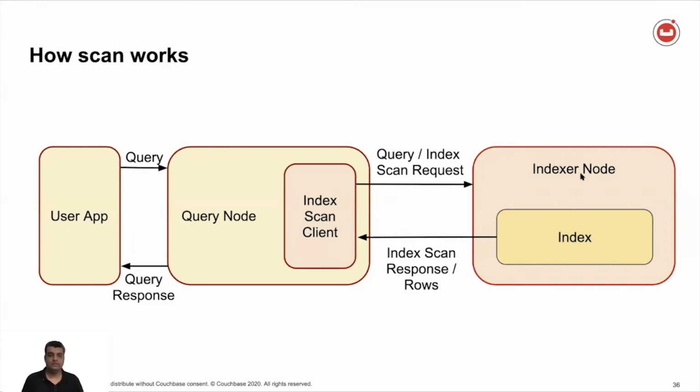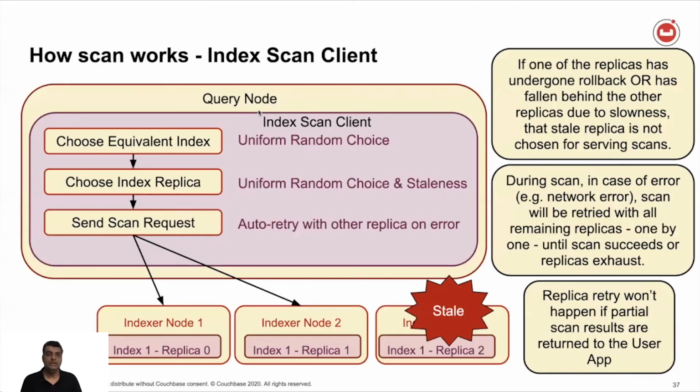Let's go into the details of the index scan client. This diagram shows the steps performed by the index scan client while serving a scan request. So the query node or the query process will choose one particular index to serve a scan, and it will forward the request to the index scan client. On receiving the request, the index scan client first chooses an equivalent index.